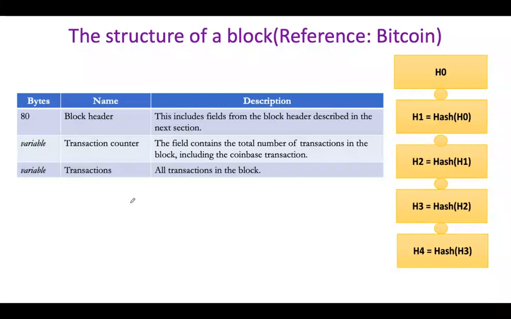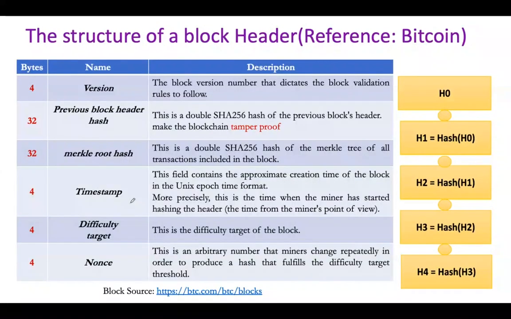So in the structure of this block, if you see the block header, as we said, it requires 80 bytes. In that 80 bytes, the first 4 bytes are used for the version purpose. Which version of the Bitcoin block header is used? So the block version number indicates the block validation rule to follow, whether it is an older one or a newer block, that will be given by the new version.